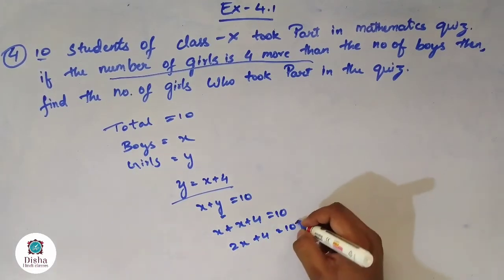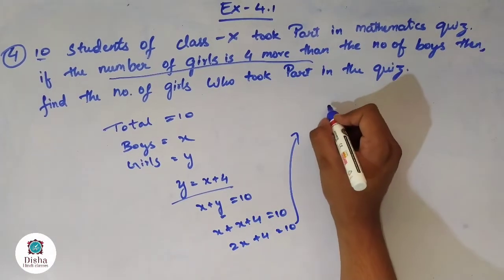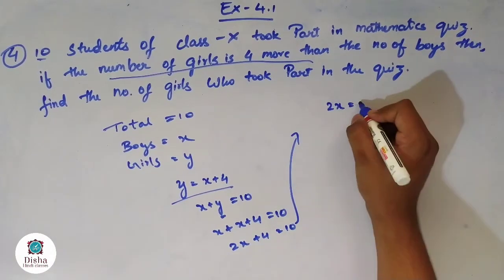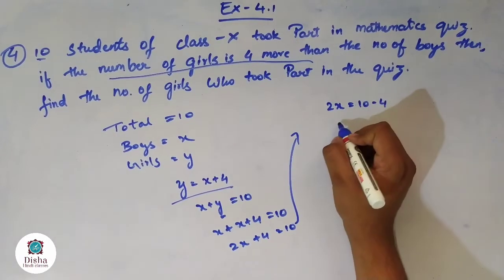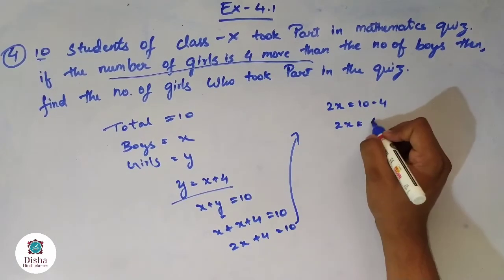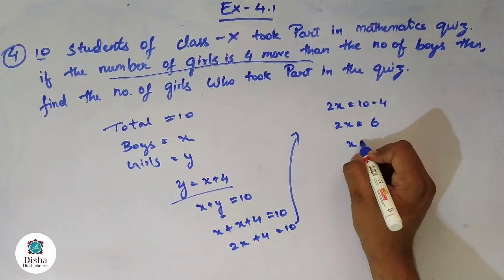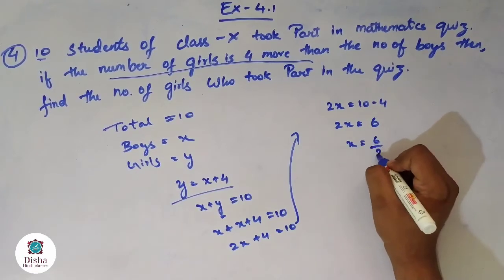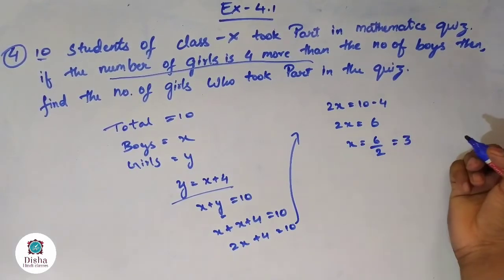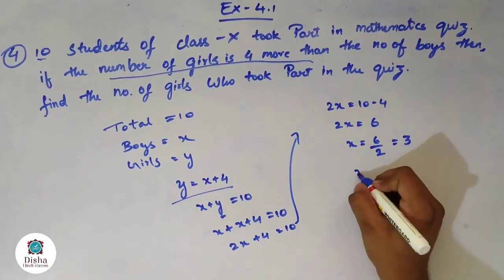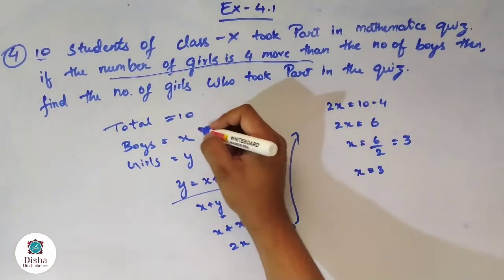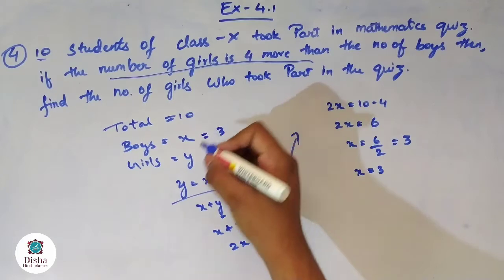Okay, now we'll solve this here. So 2x equals to 10 minus 4. 2x equals to 6. So x will be equals to 6 by 2. That will be equals to 3. So x equals to 3. So number of boys equals to 3.